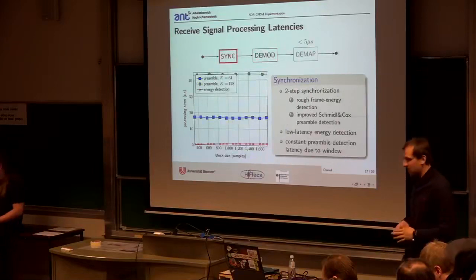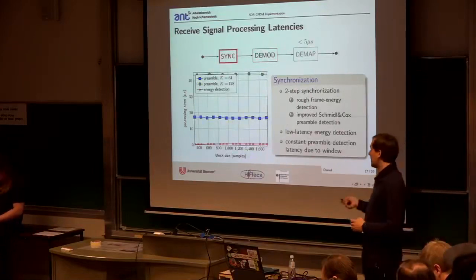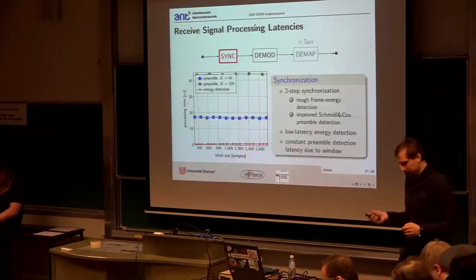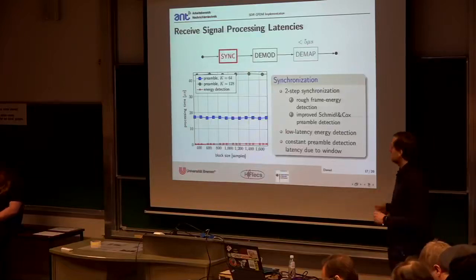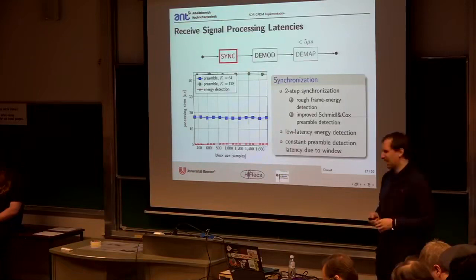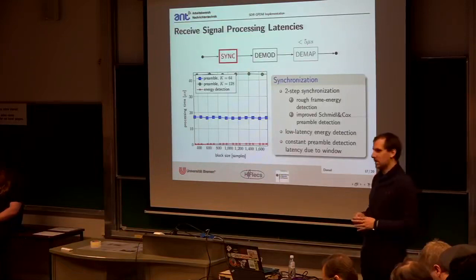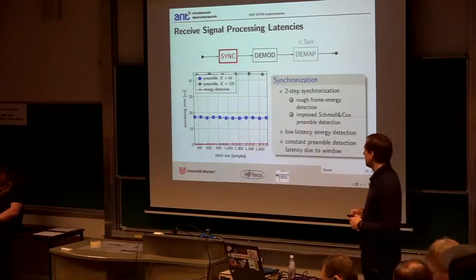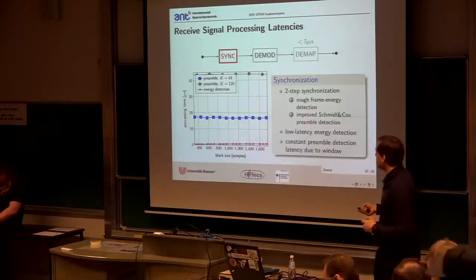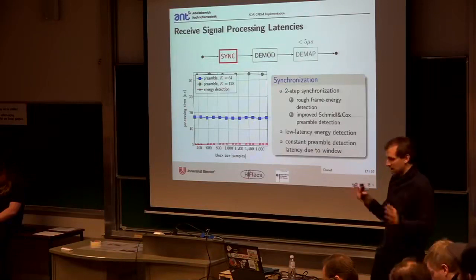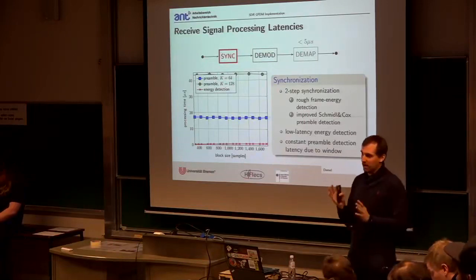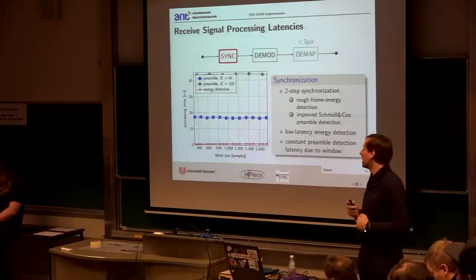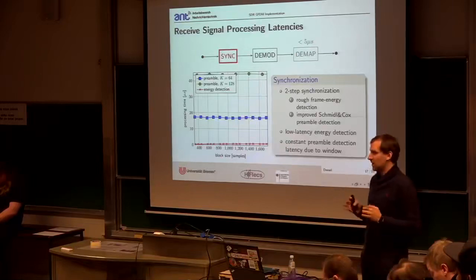On the other side, on the receiver side, we first start with synchronization. Since we have a system where we expect quite high SNRs, like 10 dBs or something, we will always start with energy detection, which is quite fast, and then just search for the correct symbol start or frame start in a certain window.